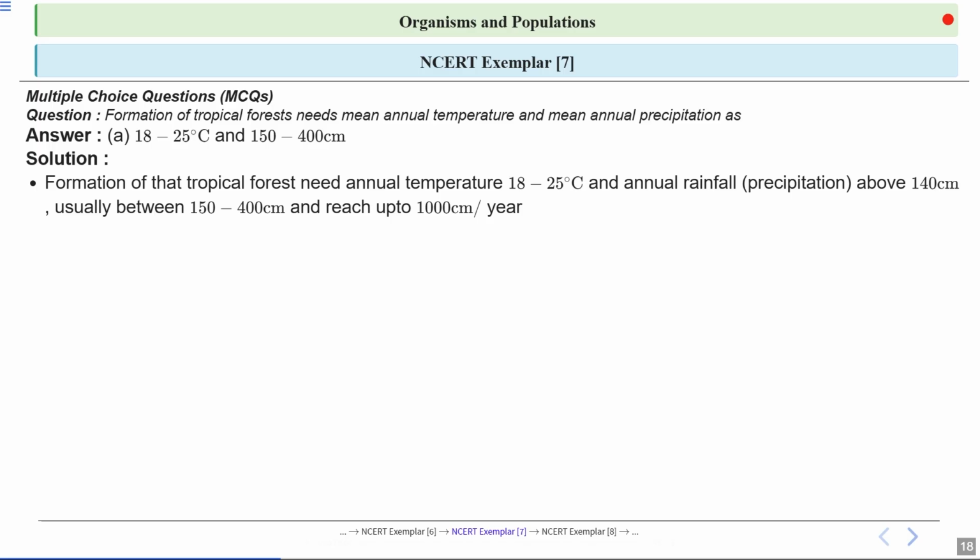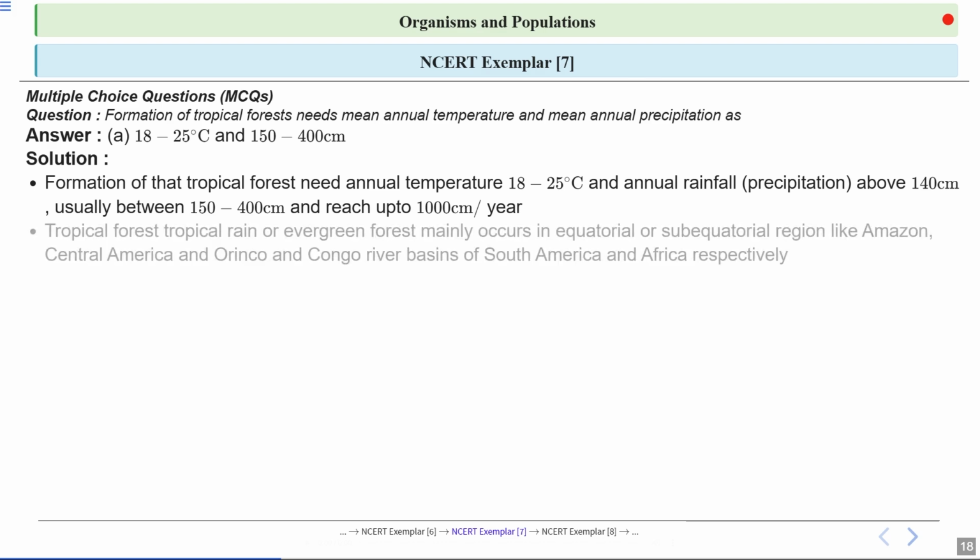Clear? Now you can see here the tropical forests need warm temperatures, usually between 18 to 25 degrees Celsius, and a lot of rain, more than 140 centimeters per year, often between 150 to 400 centimeters, and sometimes even up to 1000 centimeters.